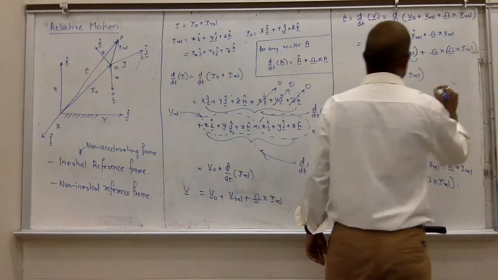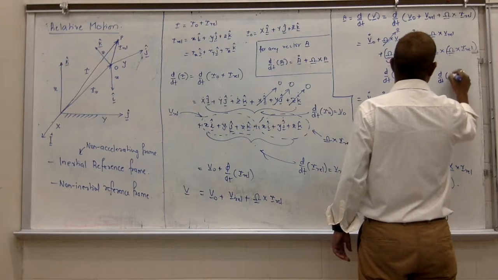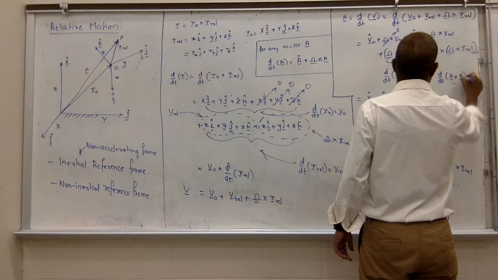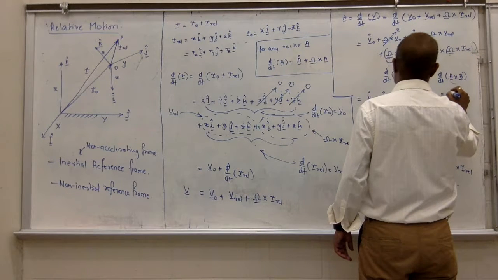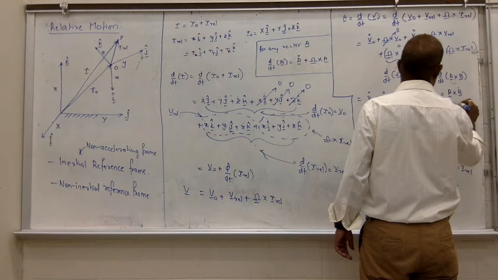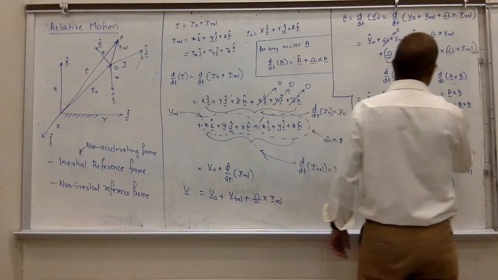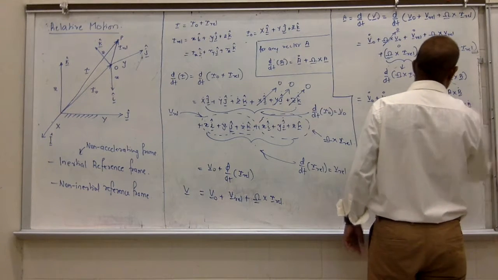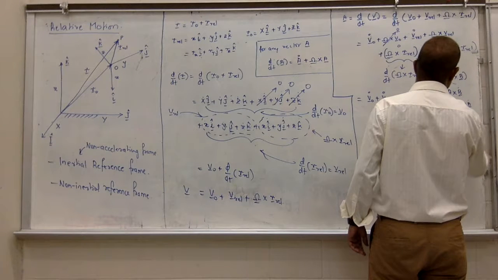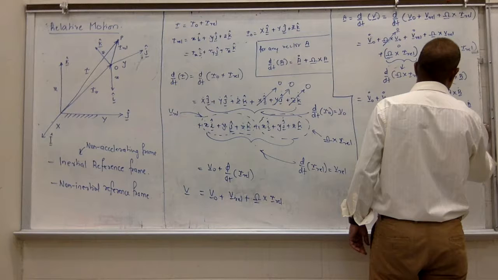Let me write it here. d over dt of A cross B is equal to A cross B dot, plus or minus B cross A dot. Now this would also be equal to, if I shift this, A cross B dot plus A dot cross B.